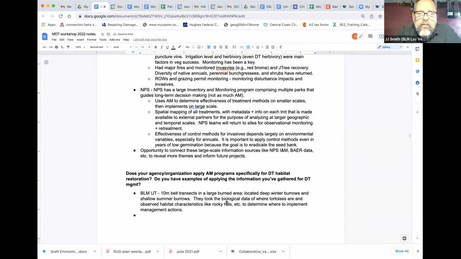Okay, well, this is JJ. I'll jump in, I guess, on that one. We do have these institutional adaptive management processes. Even in the NEPA planning process, there's opportunity for each project we do to learn on past projects and current research to plan things a little differently or select different alternatives.